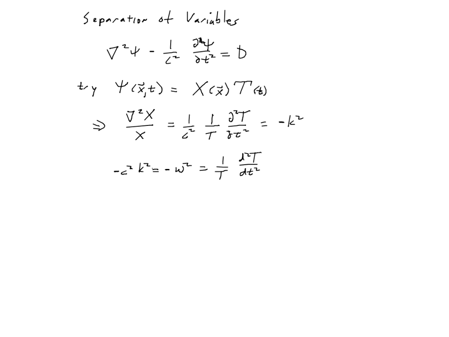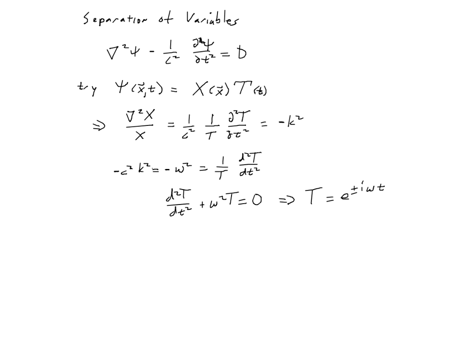And so that translates into the second derivative of T with respect to time plus omega squared T is equal to 0. And this gives you that T is equal to e to the plus or minus i omega t, or something like that.